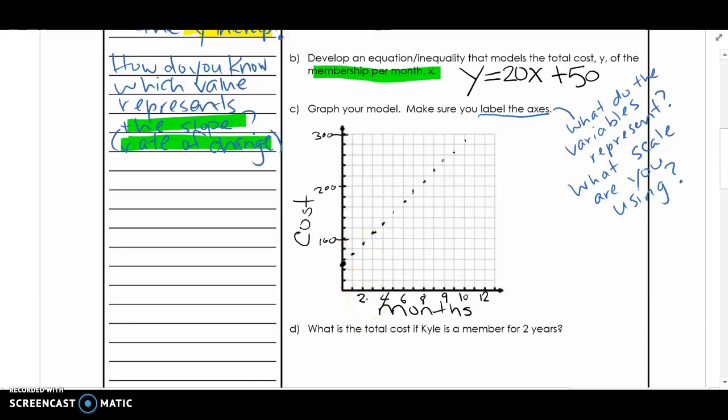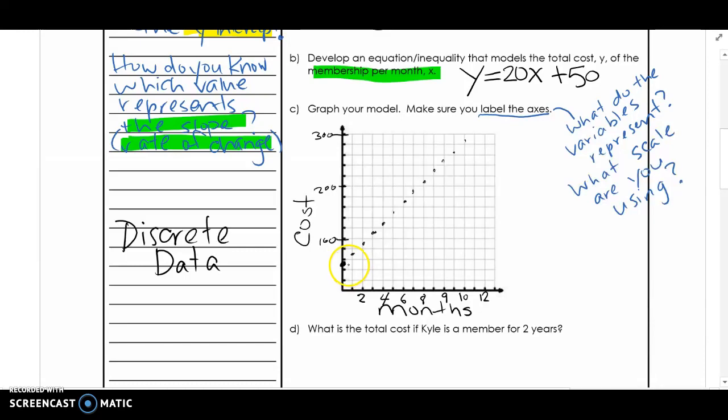So in my experience, gyms will, even if you cancel in the middle of the month, you're paying for that month. So I can't just pay $10 if I go half of a month. So I'm not going to connect the points. I'm going to say this is discrete data. And the only points on the graph that make sense are the ones that I've plotted.